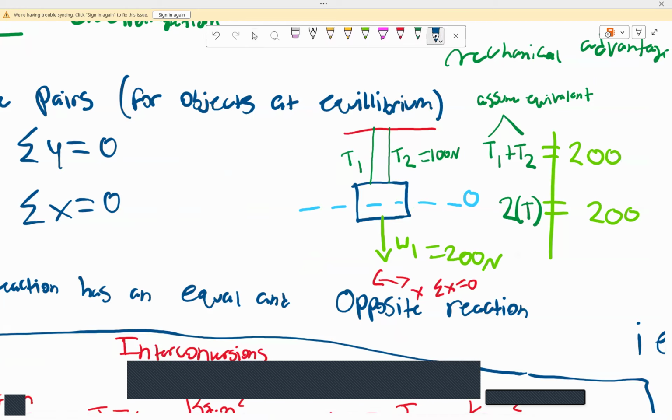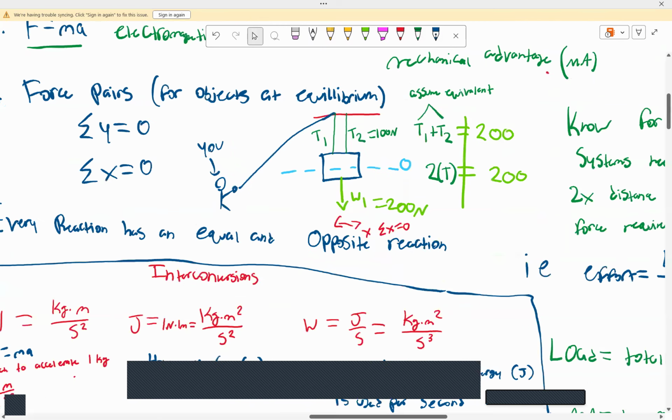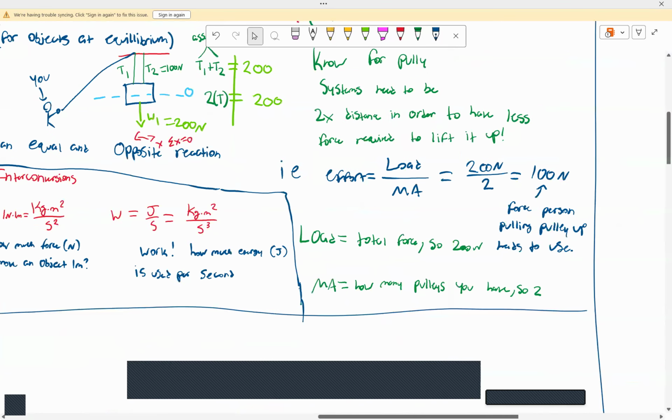If you're pulling up this box, this is you. That 200 newton box is more or less saying the force of the person pulling up that they need to use.